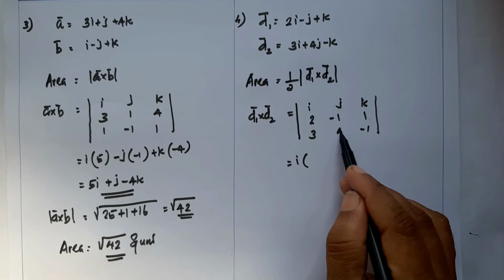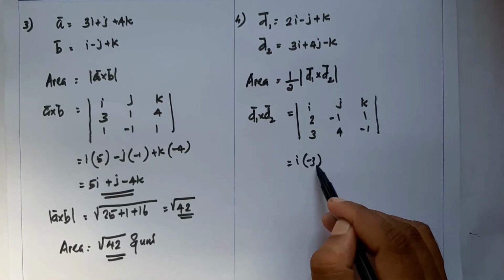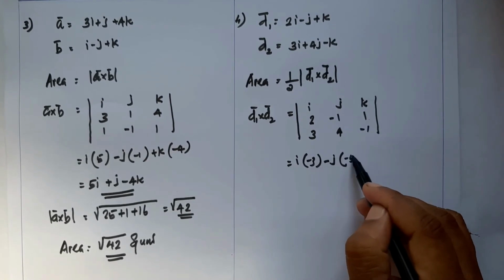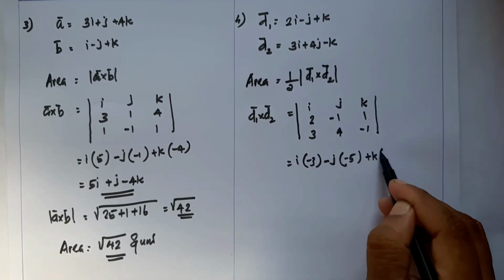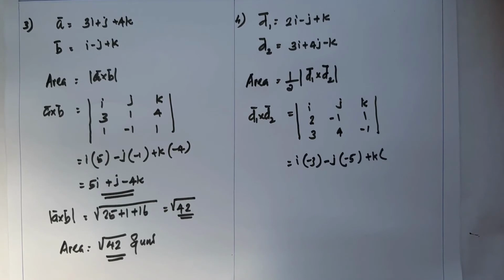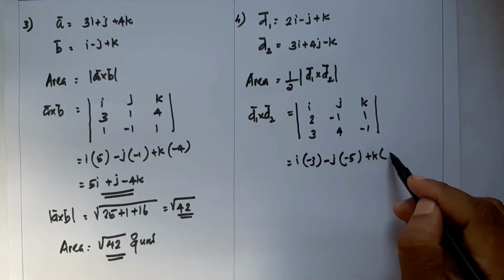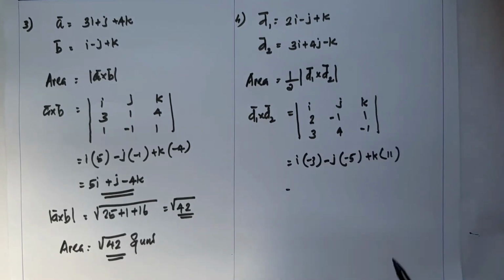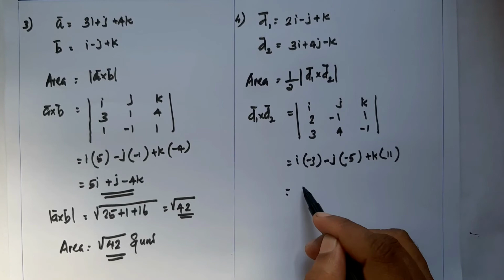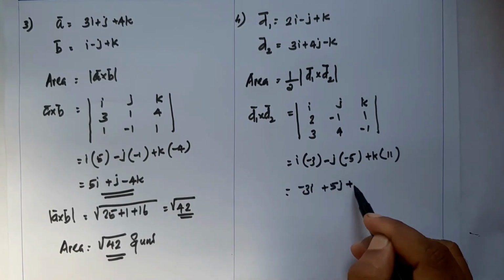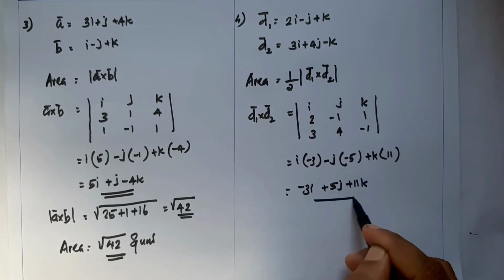That is equal to i into (1 minus 4) is minus 3, minus j into (minus 2 minus 3) is minus 5, and last plus k into (8 plus 3), 8 plus 3 is 11. That is equal to minus 3i plus 5j plus 11k.